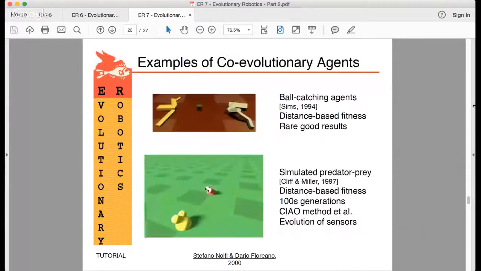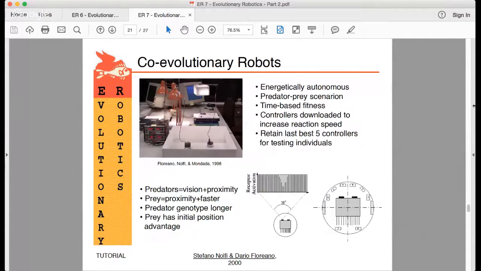So after seeing some examples of coevolutionary agents, now we want to see coevolutionary robots. So here you can see them, the two Khepera robots. They are energetically autonomous. Again, predator-prey scenario. And it has time-based fitness. So the controllers in this case are downloaded to increase reaction speed. And the last best 5 controllers were retained for testing individuals.